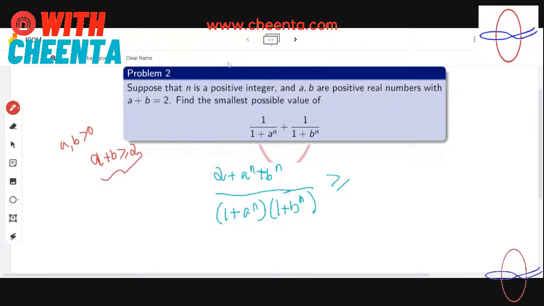Why should a and b be reciprocals? That's my question. So let's expand this one.